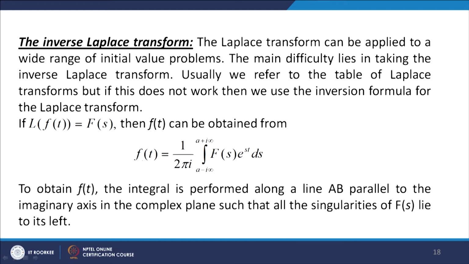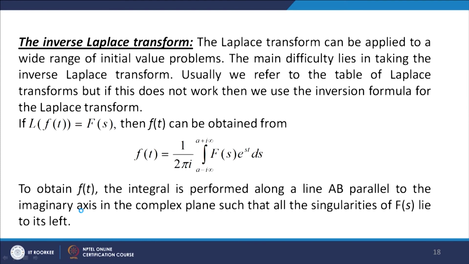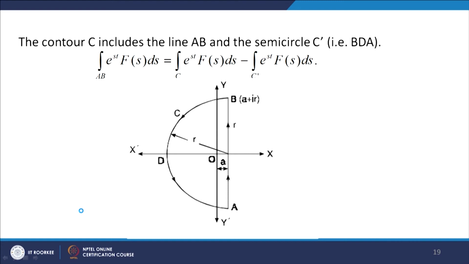To obtain this function f(t), the integral is performed along a line parallel to the imaginary axis in the complex plane, such that all the singularities of F(s) lie to its left. You can see this figure. This is the line AB parallel to the imaginary axis in the complex plane, and this line is drawn in such a way that all the singularities of F(s) lie to its left.